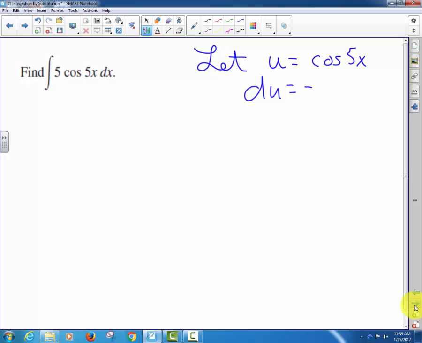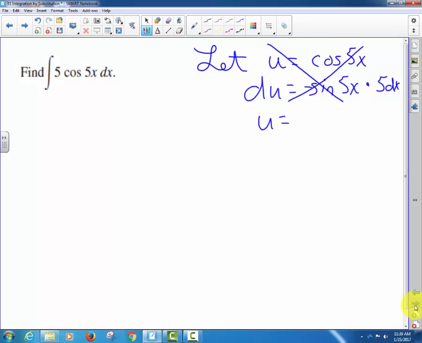Negative sine 5x times, we have to take the derivative of 5x, which is 5 dx. Does that look like the right way to go? I don't see a sine of 5x anywhere over there. Although that's a possibility, that looks scary to me because I don't know where I'm going with that. So let's go back and say, no, don't like that.